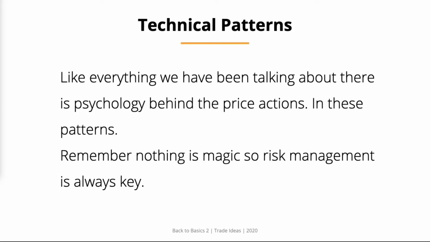But just know that it's not the magic of the pattern that we care about. It's what does it represent with the psychology between the buyers and the sellers. Okay. Remember when we did candlesticks, and it was the same thing. I said, here's a doji, but it's not that there's any magic in that, but what does it represent about that? This will be the same thing. And there's no magic.